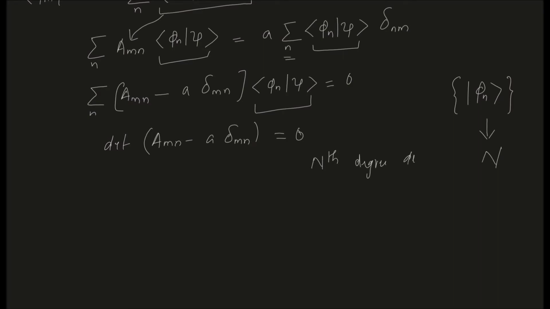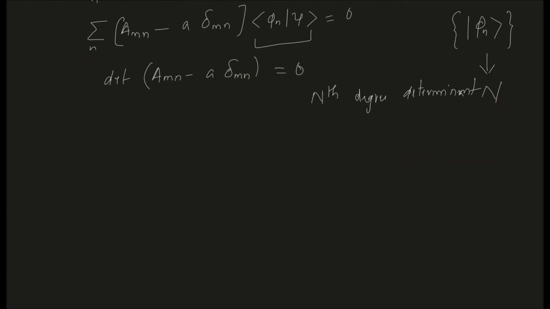So in this case, we can write this determinant equation as something like: a11 minus a, a12, a13, etc., a1n.